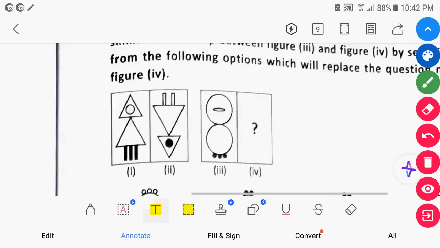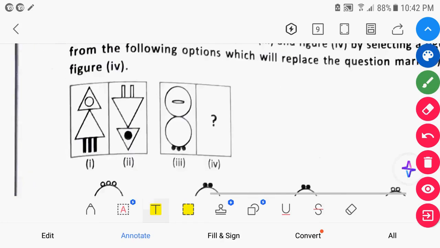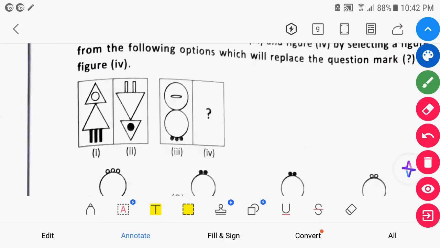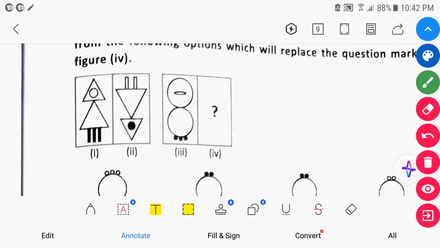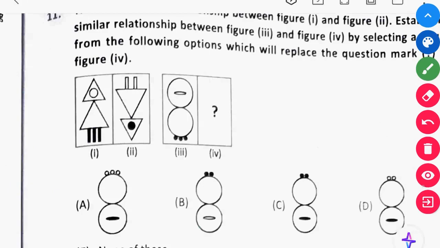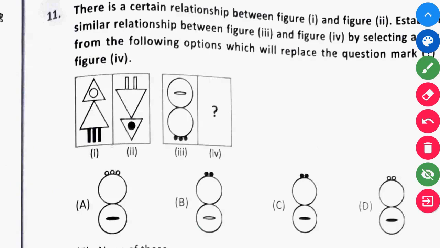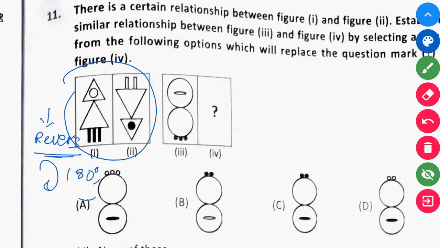Now the figure is given and you have to find the pattern. Now see, while looking into this figure, just see what is the difference between this pair. This figure is turned, that is, it reverses its direction completely by 180 degrees, and the portion which is not shaded becomes shaded, and 3 bar lines are there.